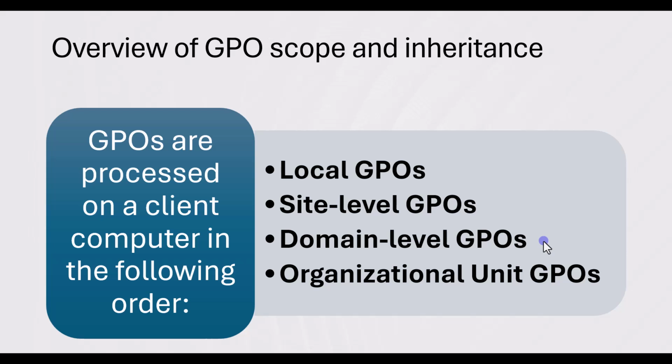So if a domain level GPO is saying that you can have access to the power option settings on a computer, and then the organizational unit GPO is saying that you cannot have any access to the power settings of a computer, all the users and computers within the organizational unit will not have access, even though the domain is granting them access.